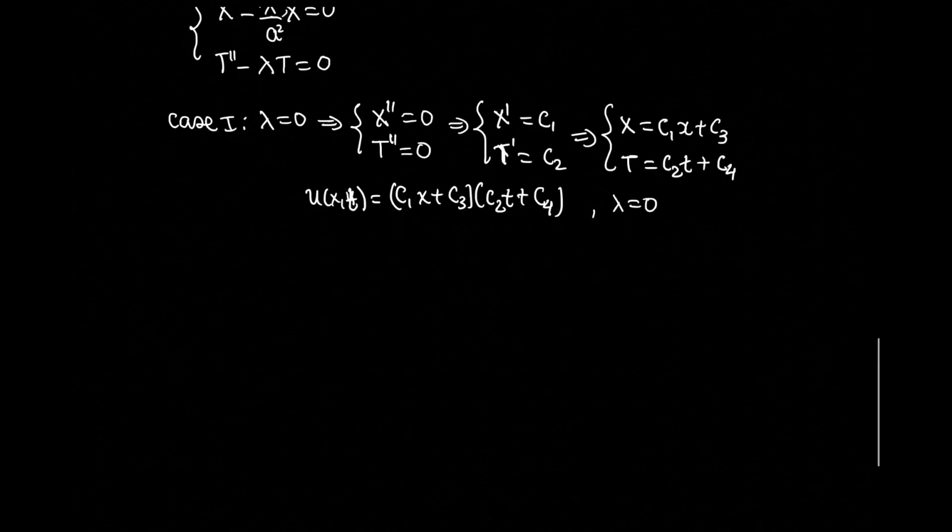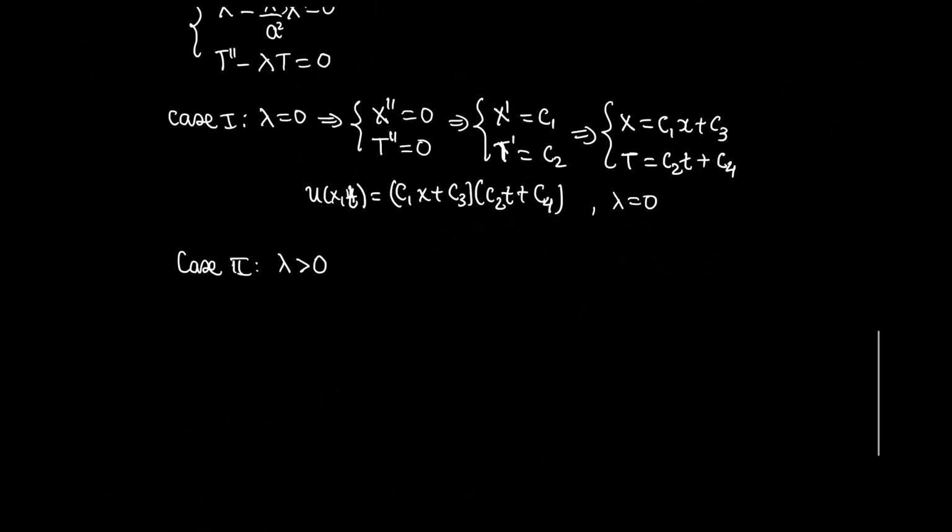Now you need to solve, okay. Now let's say case 2. If lambda is positive, I can say, okay, lambda is a positive number, because alpha can be any number. When you square it, you always get a positive. That means lambda is always positive.